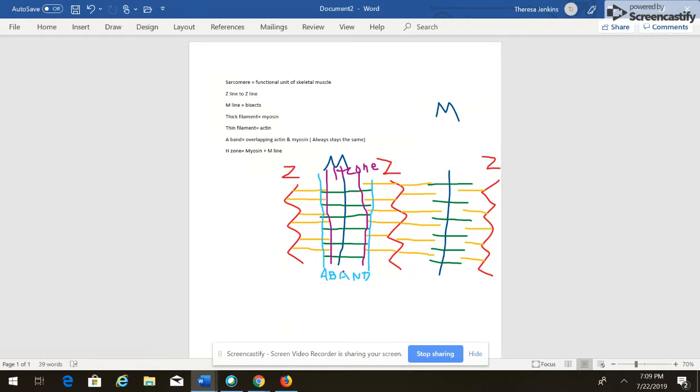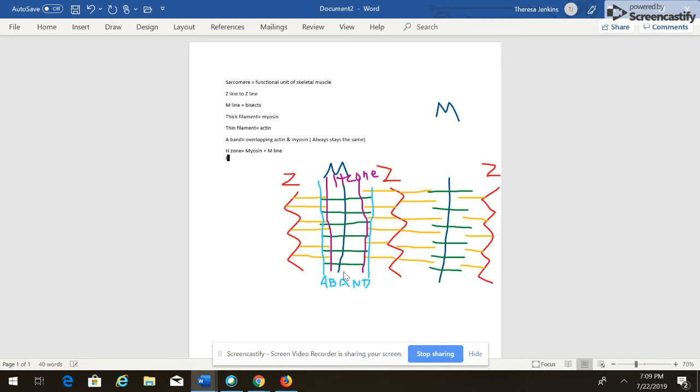We're going to add the I band. Think of it as straddling part of the sarcomere. It's going to start in one part of the sarcomere and arc over to the other.